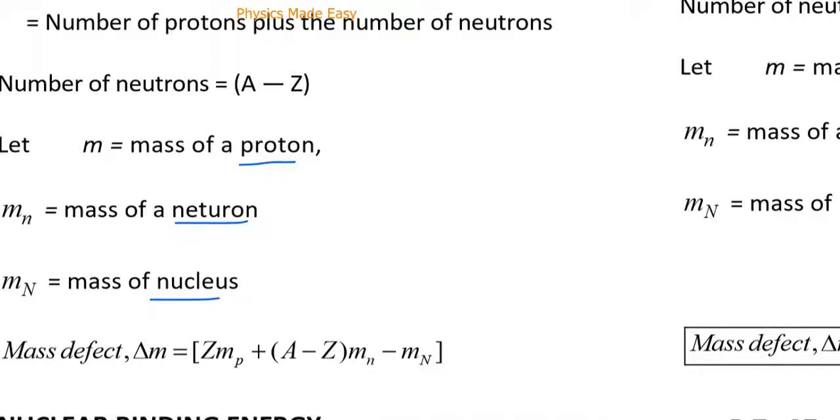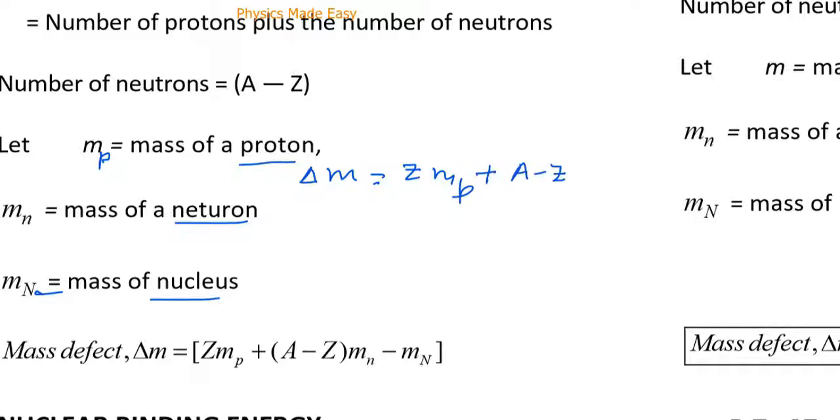So now the mass defect is represented by delta m. It will be equal to the mass of the protons, and there are Z protons, so Z multiplied by mp, and we will add up the mass of neutrons.